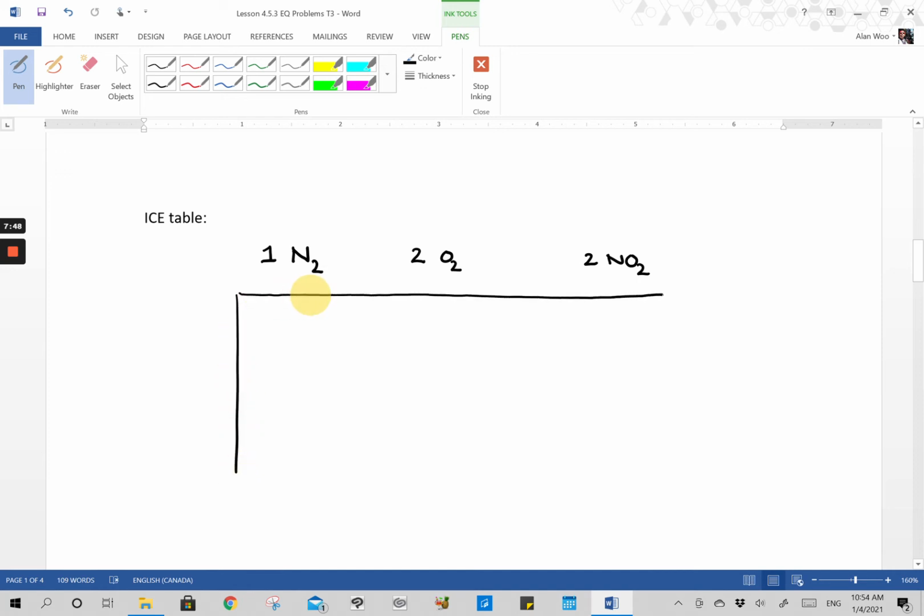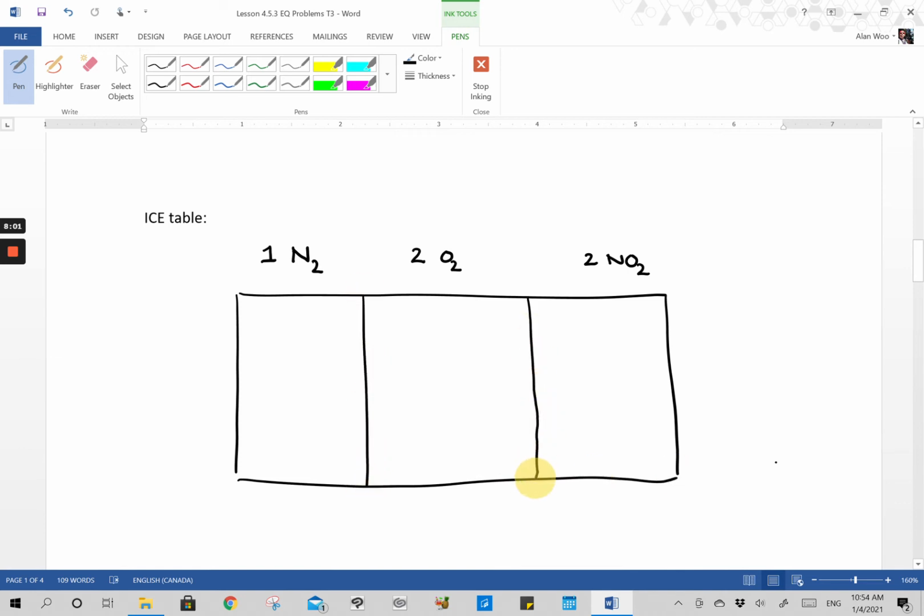So the size of the ice table depends on how many substances are in the reaction. Now I'm making this a little bit bigger than I normally would, mostly because we have to do some calculations inside this table.